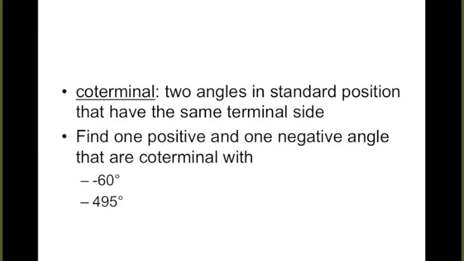If I draw an angle and I don't give a directional arc, so all I give is my initial side, my terminal side, and a number, you don't really know what angle I meant to draw, because maybe I just wanted to do 40 and that was it. Maybe I wanted to go all the way around and then do 40, so that would be 400.